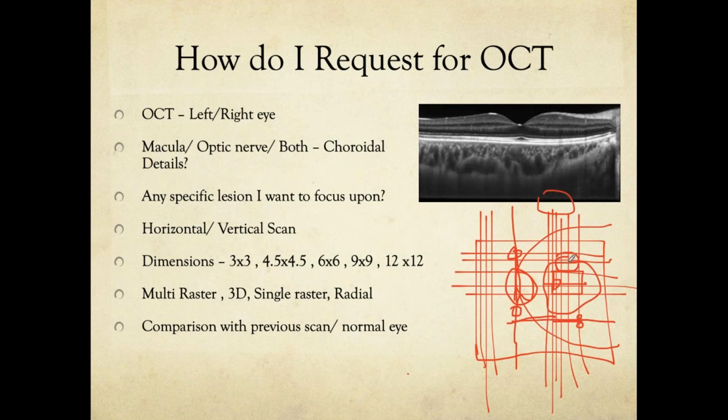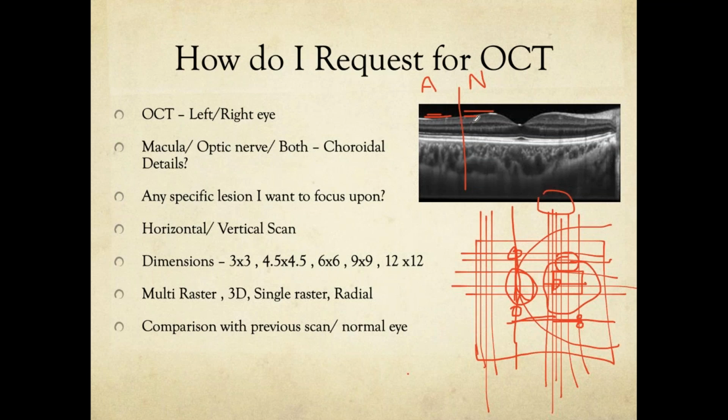When you compare the normal tissue with an abnormal retinal tissue right at the junction, if this is the abnormal and this is the normal, you can analyze each of the layers directly against the corresponding retina. So by doing that, you can compare which layer is having a problem.